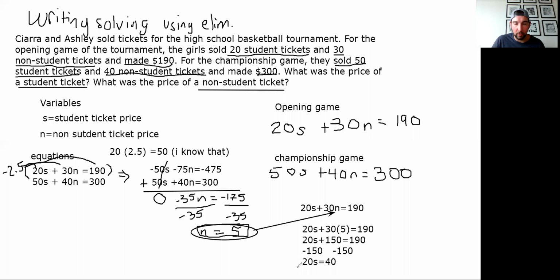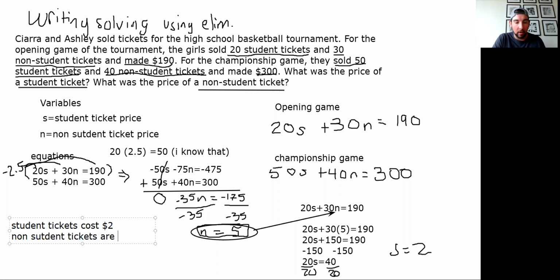So I'm going to do my draw, divide by 20, s equals 2. So to go back and answer my final question, I can say s equals 2, so student tickets cost $2, and non-student tickets are $5.